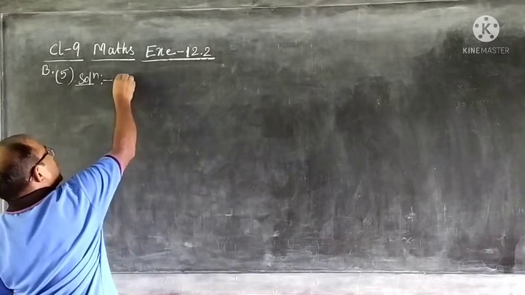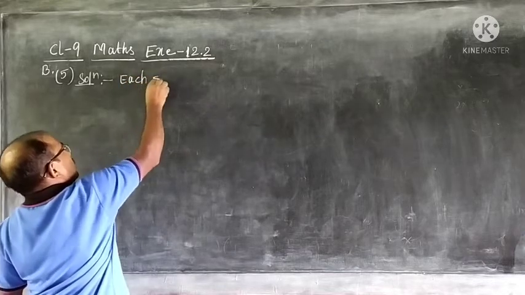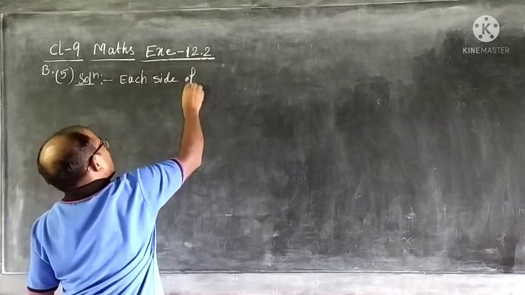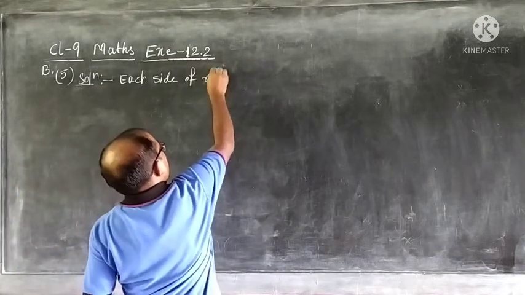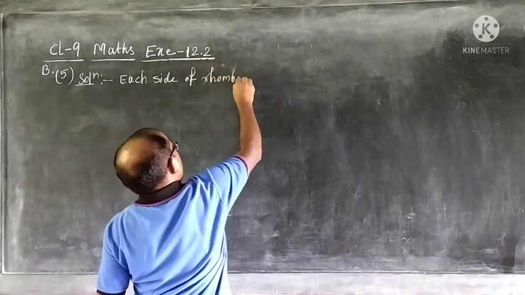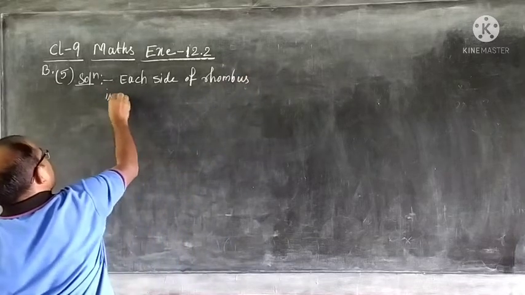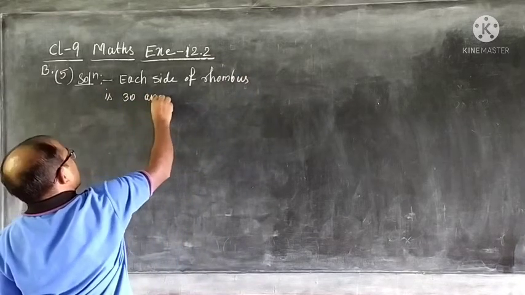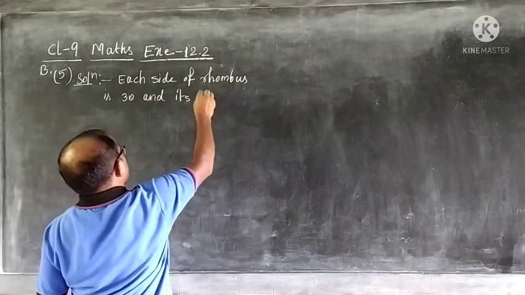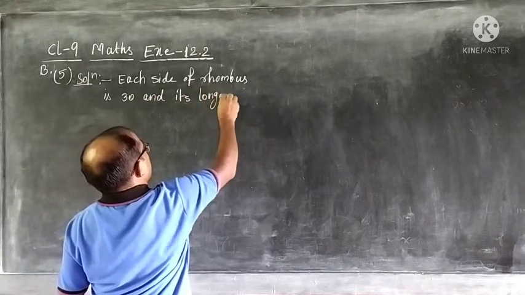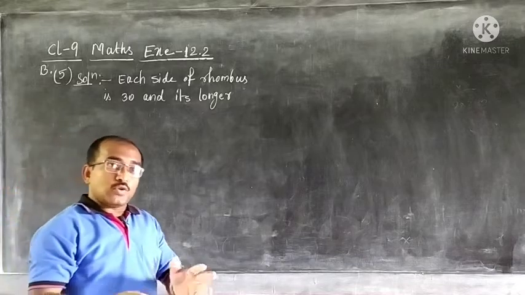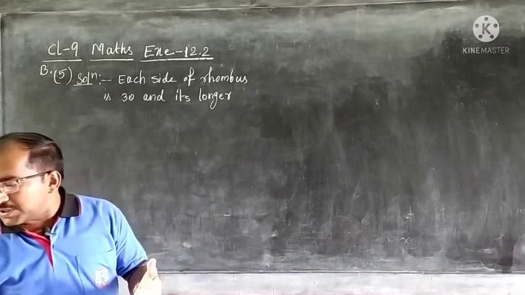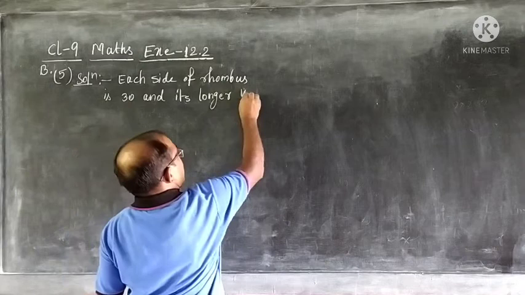Each side of the rhombus is 30 meter, and its longer diagonal. Why longer? Because in a rhombus both diagonals are not equal. So the longer diagonal is mentioned here. How much is that? 48 meters.